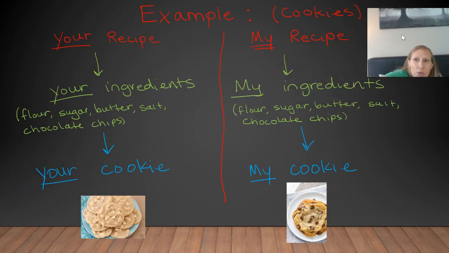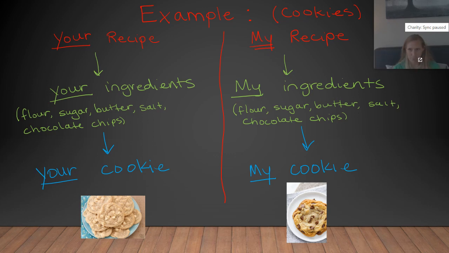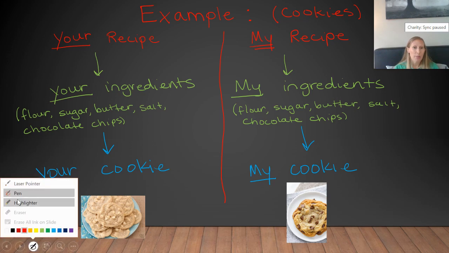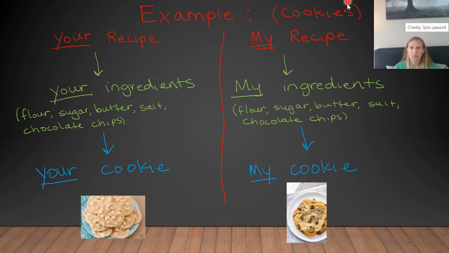So, if I give you an analogy that doesn't use biology, it's just kind of a simple thing. Let's look at this example. Imagine that we're going to make cookies. Okay. So, I have a recipe for cookies, and you have a recipe for cookies, but we're both going to make chocolate chip cookies.